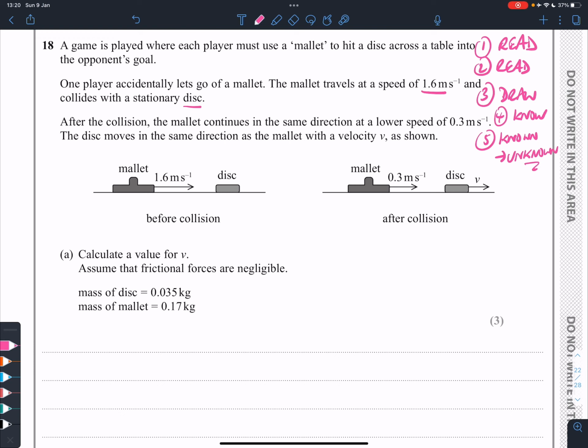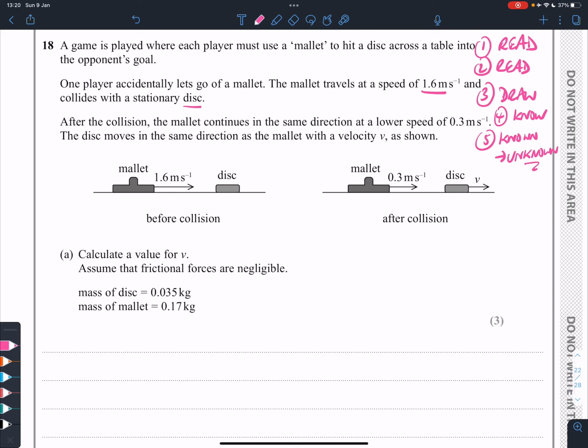The disc moves in the same direction as the mallet with a velocity v as shown. Before collision, after collision. Calculate a value for v. Assume that frictional forces are negligible. They give you the mass of the disc and the mass of the mallet.